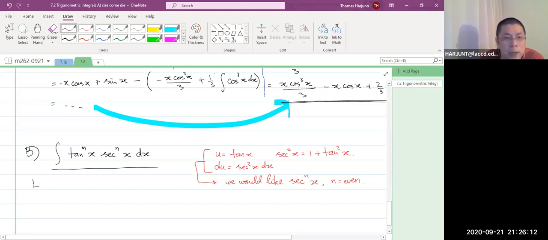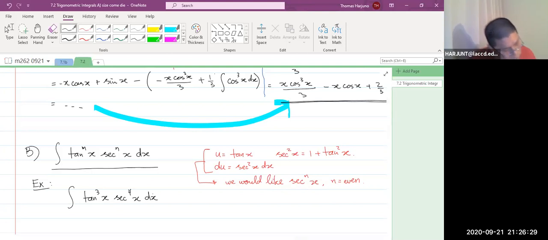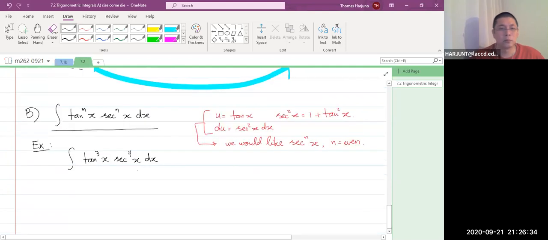For example, the integral of tangent cube x secant to the 4th x dx. My point is that I can break this into secant squared x times secant squared x dx.